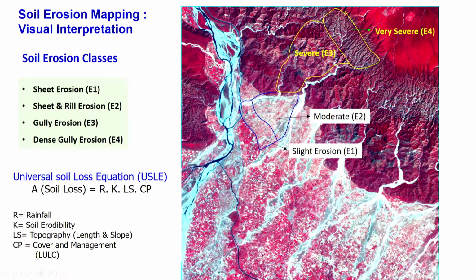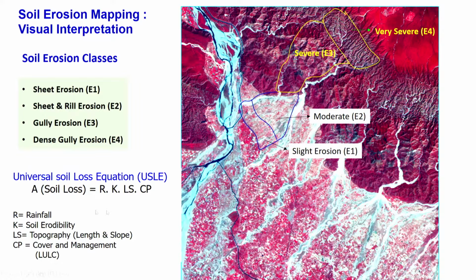So we can map relatively if we know which soil erosion factors are there and how they govern. With these concepts, we can interpret remote sensing data for soil erosion mapping. We can map sheet erosion, gully erosion, and dense gully erosion, so E1, E2, E3, E4 you can map here. What are the factors governing soil erosion?